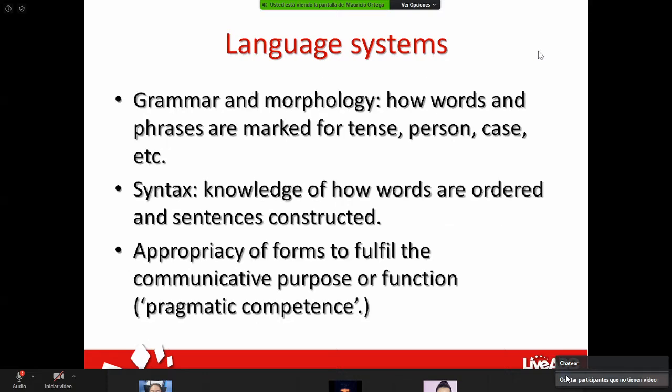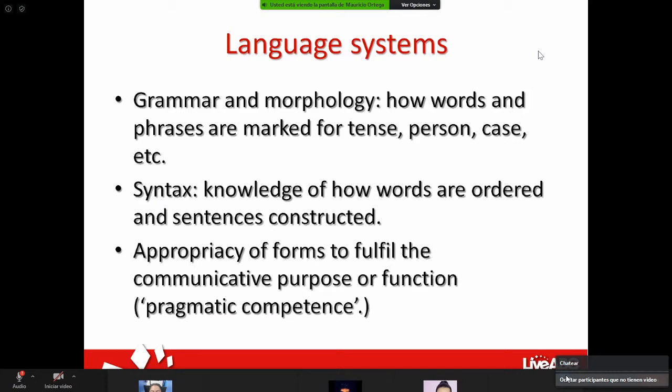So, if we speak about grammar, we have to speak about forms. Grammar is connected to the way we make sentences, and different aspects of sentences like tense, if we speak about the present tense, the past tense, and person, first person, second person, and so on. If we talk about grammar, we have to speak about syntax.